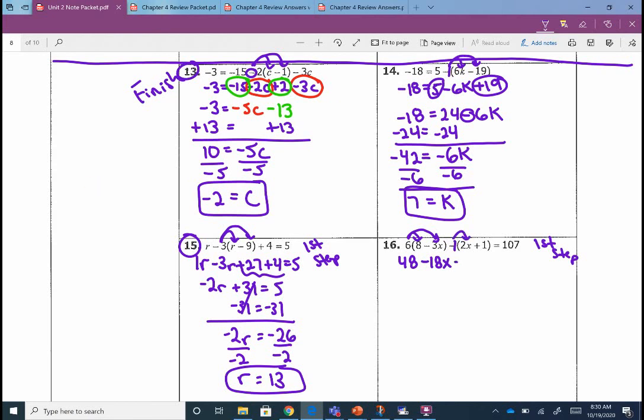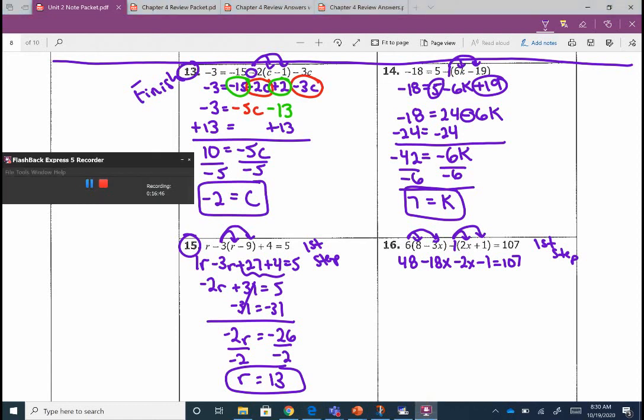So negative 2x, negative 1 times 1, negative 1. So if you need to change anything on that first step, please do so. And then go ahead and solve from there. Watch your signs. There's lots of negatives, guys. Watch your signs. Go ahead and finish it from there.